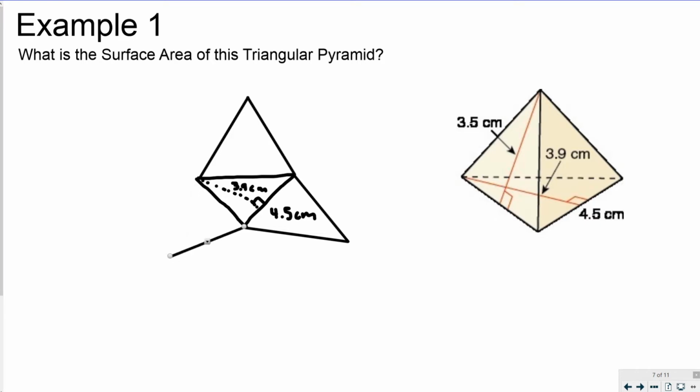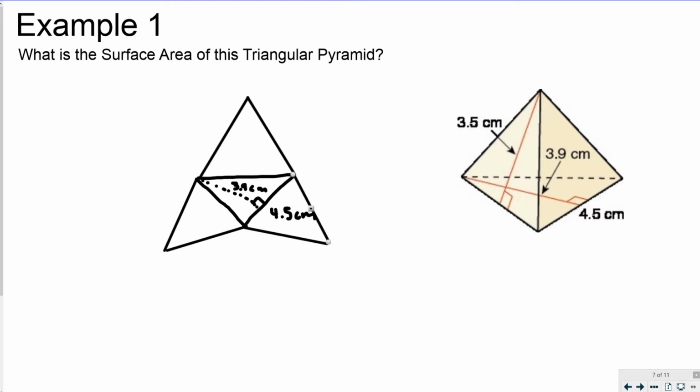It doesn't look like it's meeting in the middle, so I'm going to adjust the net here so that it looks more accurate. But the sides are the same.